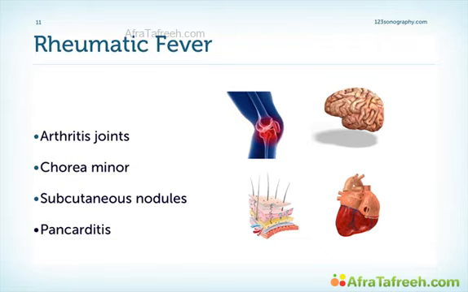Rheumatic fever is an antigenic reaction to group A streptococcus pyogenes, where it leads to a cascade of inflammatory processes which eventually lead to the formation of so-called Aschoff bodies. Finally, we have tissue destruction and tissue necrosis, which lead to the changes that we see in mitral stenosis.